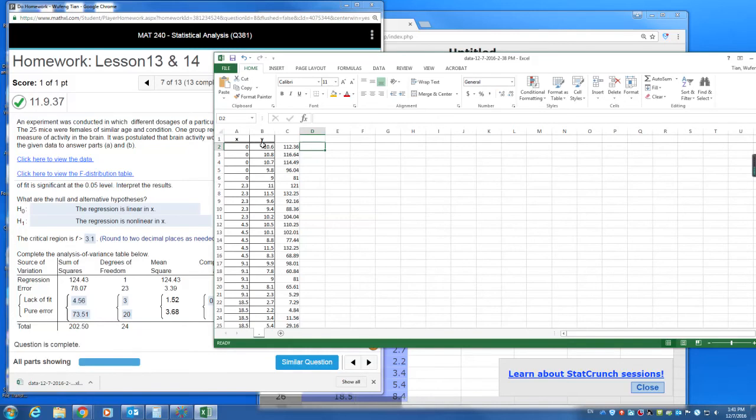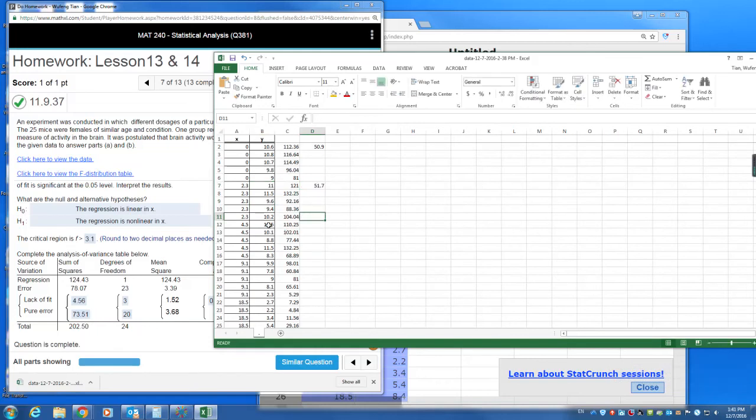So next one is the sum of y when x equals 0. When x equals 0 you have different y values. So when x equals 0, what is the sum of these? It's 50.9. That's for x equals 0. For x equals 2.3, 51.7.